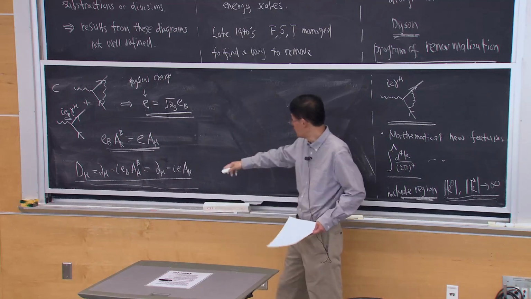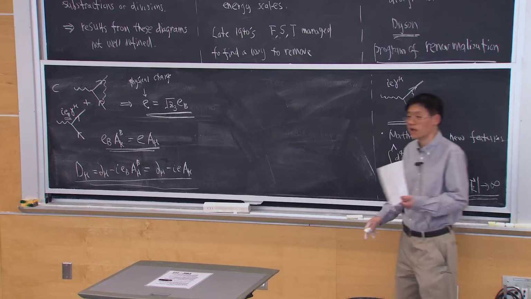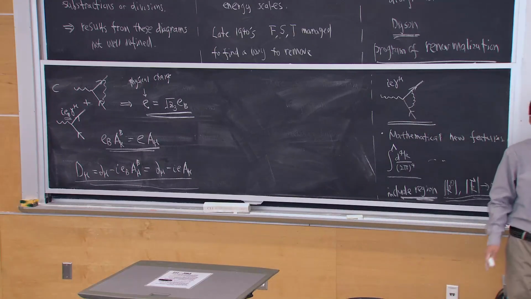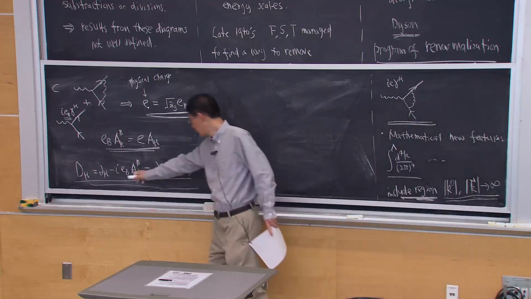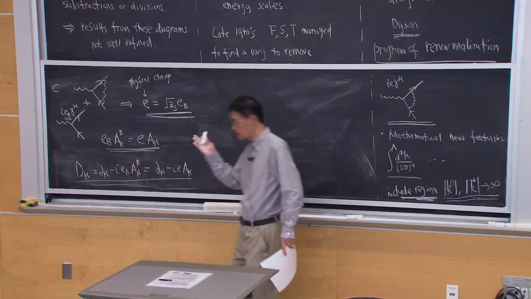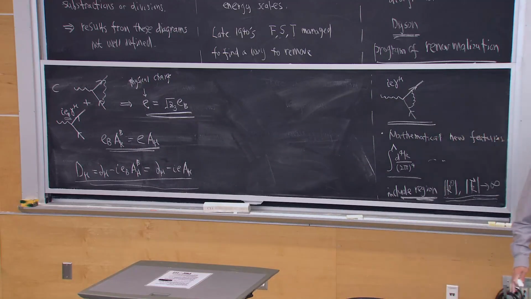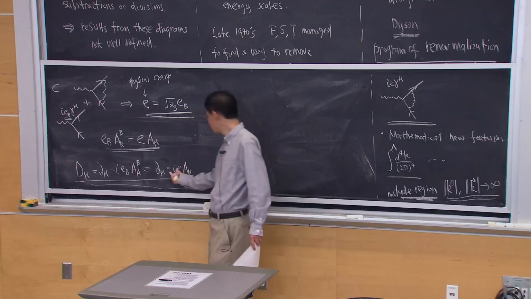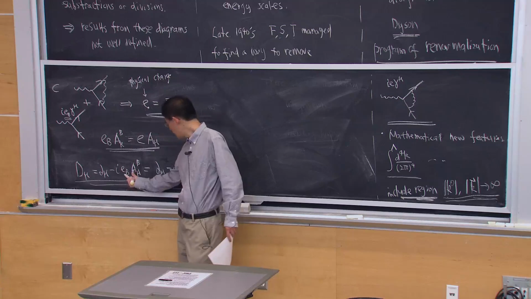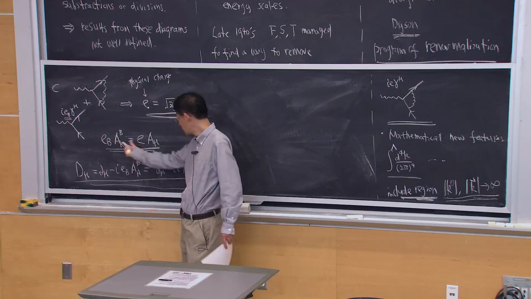Remember, the structure of this covariant derivative is needed for gauge invariance, and so this is maintained. Again, it's an implication that the gauge symmetry is maintained. In other words, if we want to maintain the gauge symmetry, then e_B and A mu B have to renormalize in opposite ways so that this is the same.